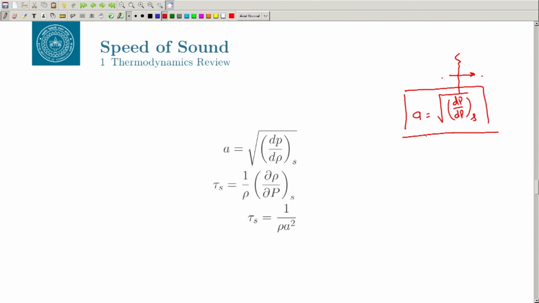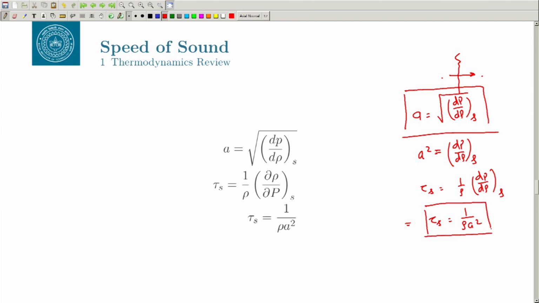Before going there, A square will be dP by d rho at constant entropy, and earlier we have seen that tau s equals 1 by rho dP by d rho at constant entropy. So, this A square, or your tau s, can be written as 1 by rho A square.